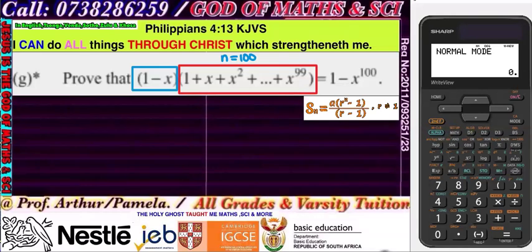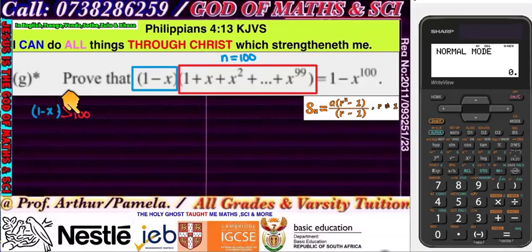So I can write the red box. Let me use red for red so that you can see. I'm going to do the sum of the first 100 terms. That represents the red. How about the blue portion? I'm going to have to multiply it by 1 minus x.